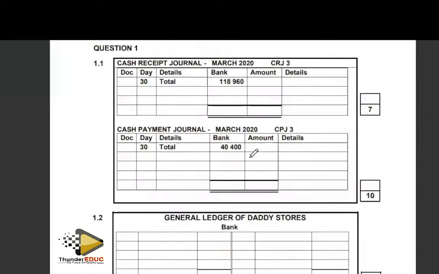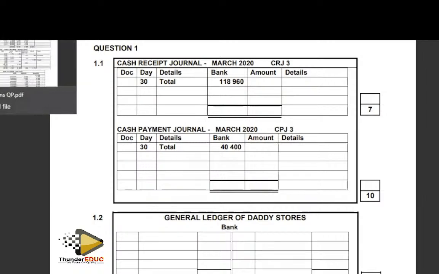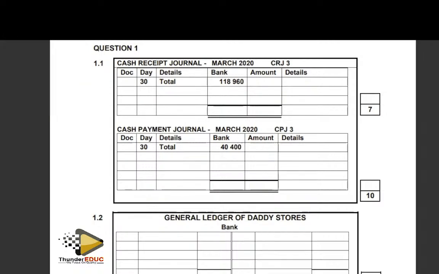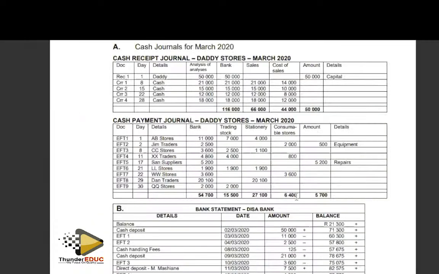Then when we check the cash payments journal, we are supposed to start with, just a moment. It's the same company.